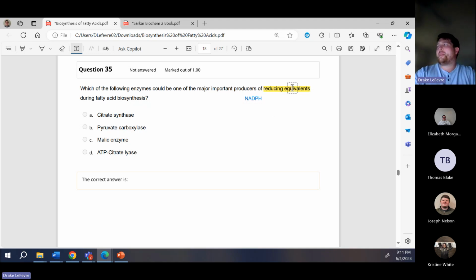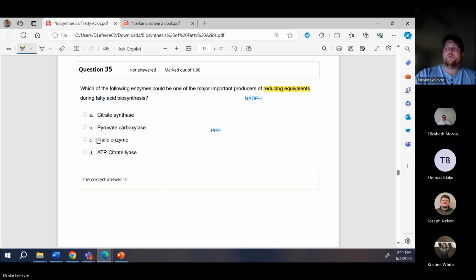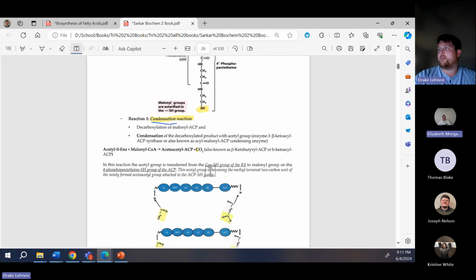Reducing equivalent is similar to saying reducing agent. In this context, it means the same thing. So this question is basically asking which enzyme produces the reducing agent that we use during fatty acid biosynthesis? If you remember, there are those two big things. We get the NADPH from the pentose phosphate pathway, and also from the malic enzyme reaction.